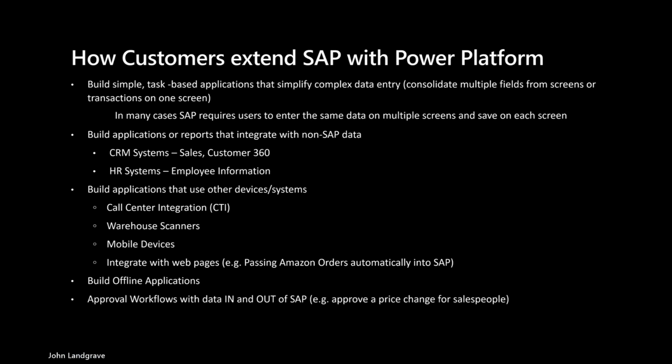So the first one is both widely used and also widely misused, and we'll talk about what those two ends of the spectrum are. But the widely used part of the spectrum is that SAP is a very complex system, and even for some simple tasks, it may require you to take the same data and put it on multiple screens, or to take data from one screen and move it to another screen.